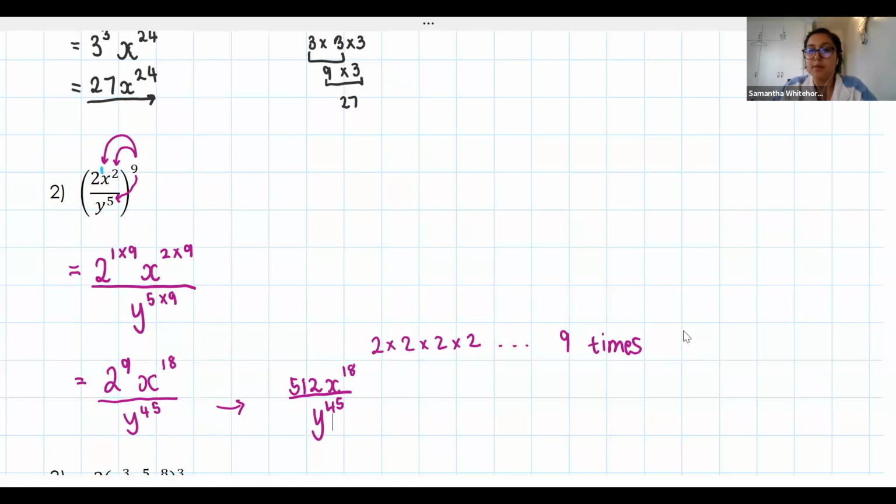You don't have to, but it does make a little bit more sense. I prefer writing the number. I understand a number better than an exponent sometimes. So we have 512 x to the power 18 over y to the power 45. You are just multiplying your exponents.